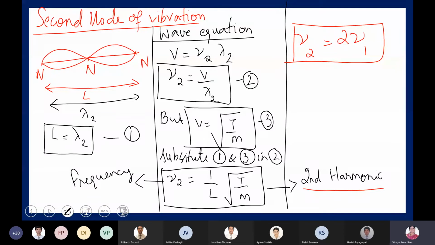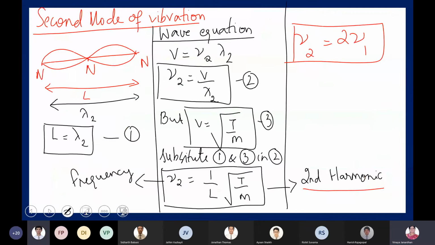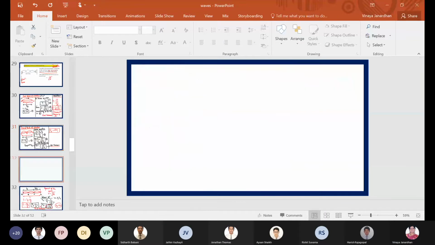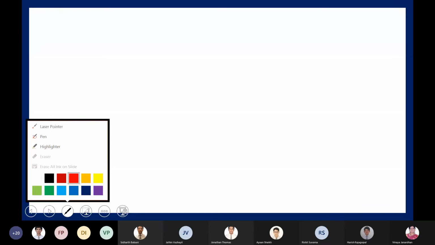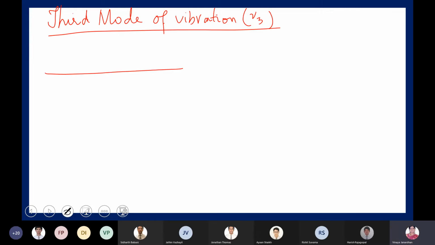Third mode of vibration. Shall we go for the third mode of vibration? Yes, ma'am. Or you yourself draw the third mode of vibration. That is mu3.